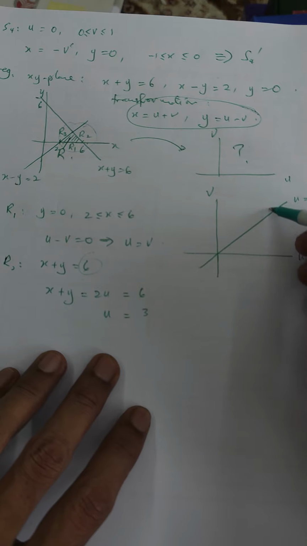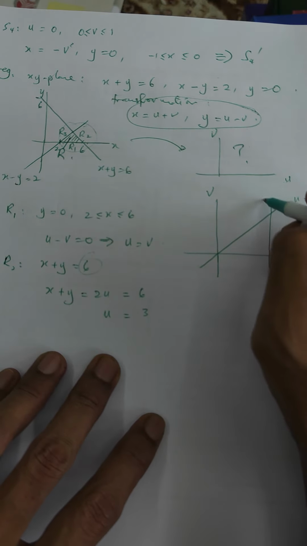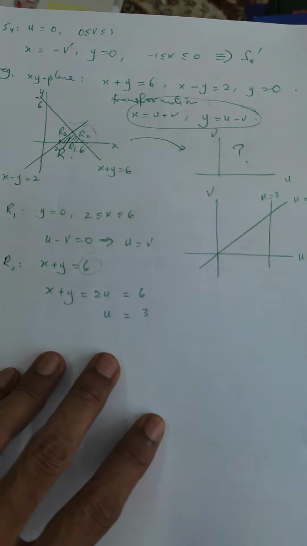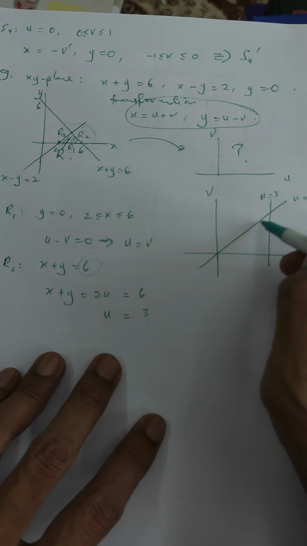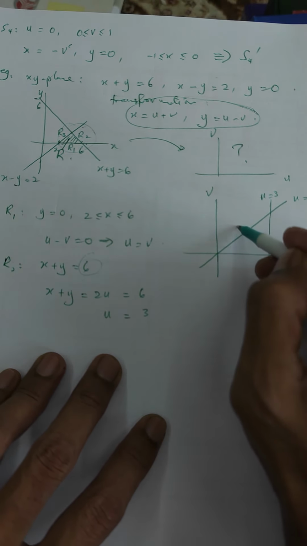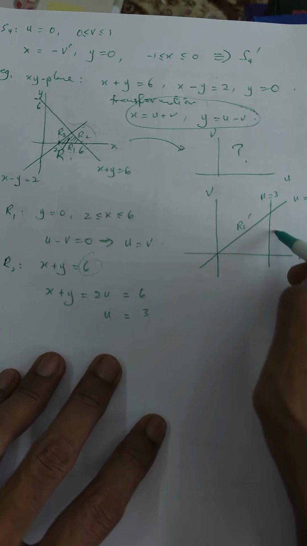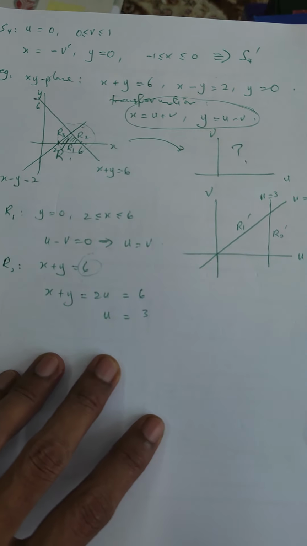So we have that line, u equal to 3. Let's say this is R1 prime and this is R2 prime.